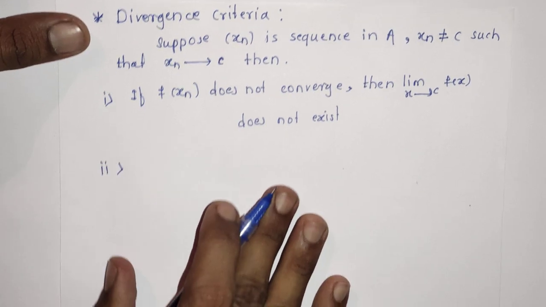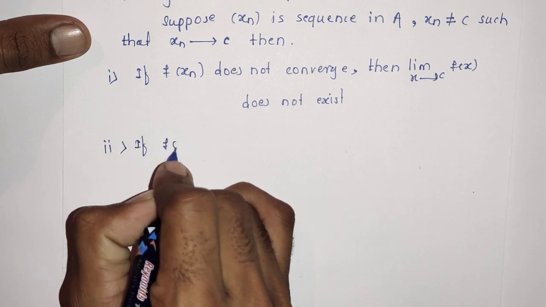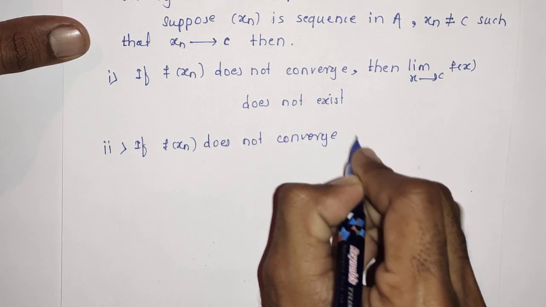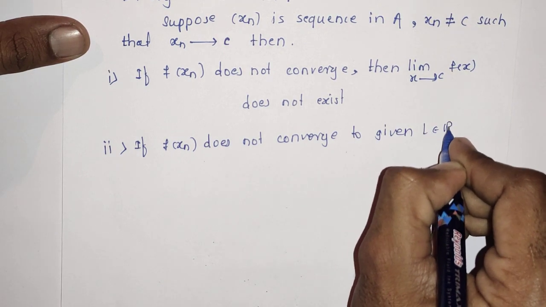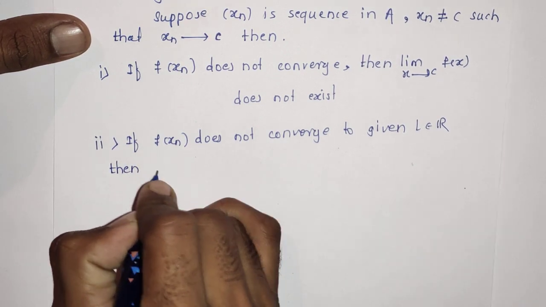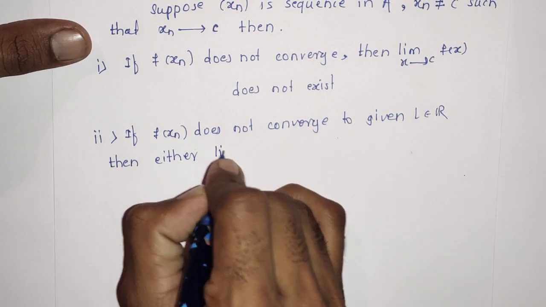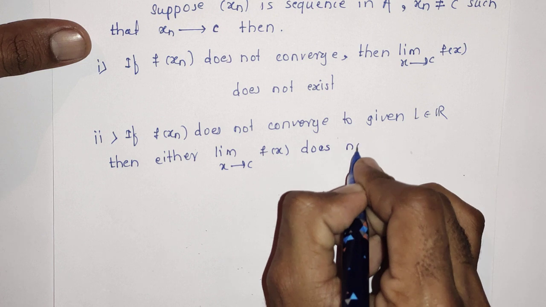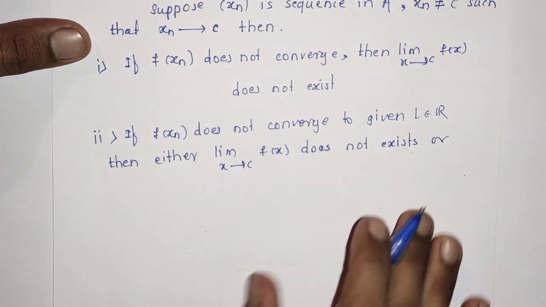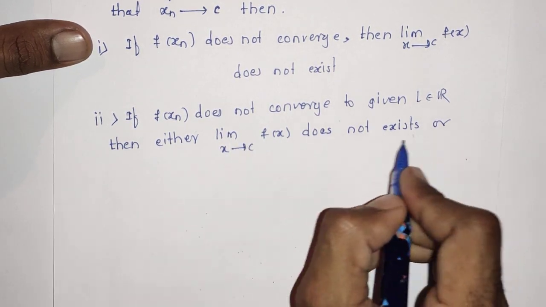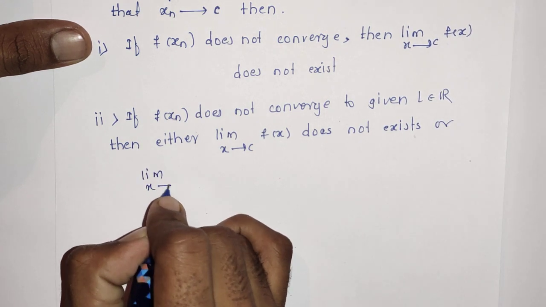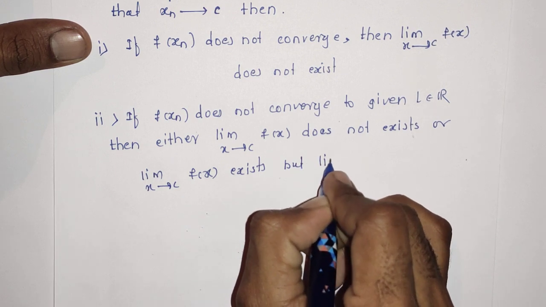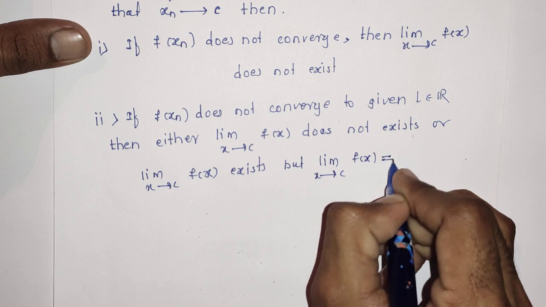Now the second criterion is: if f of xn, that is the image of xn, does not converge to the given real number L, then either the limit as x tends to C of f of x does not exist, or the limit as x tends to C of f of x exists but is not equal to L. So there are two possibilities.